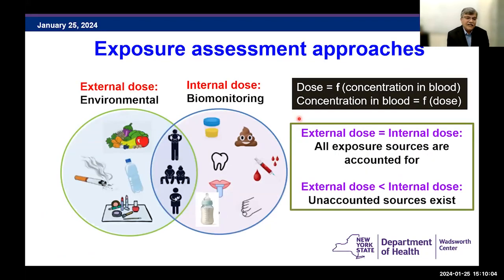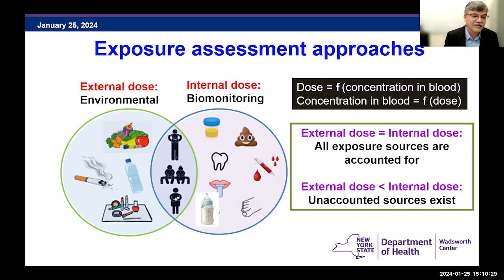So let's start with the first one. Here I have just taken the two circles. One, the biomonitoring, the blue circle I talked about, and the other one is the exposure pathway circle, the green one. So, 35 years ago when I started my PhD work, of course, I was doing exposure assessment for PCBs, PBDEs, pesticides.